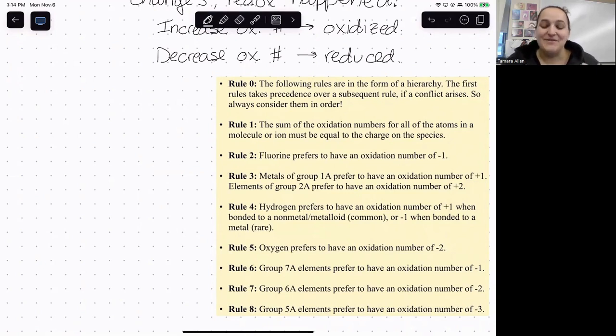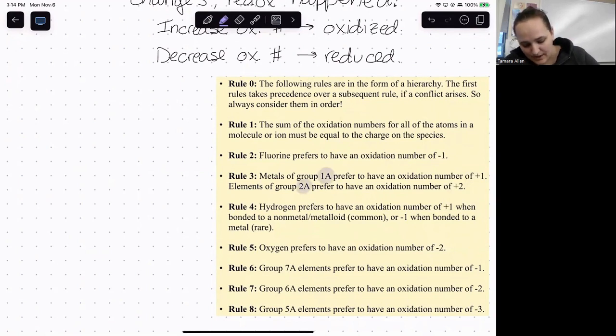So some elements have a very strong preference for exactly the oxidation state they want. Others are a little bit more agreeable and tend to have various different oxidation states in different compounds. You'll notice that we don't have rules for every element on the periodic table, but we do have rules for a lot of the groups that we commonly encounter.